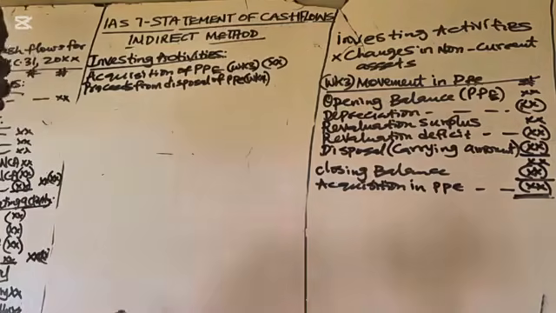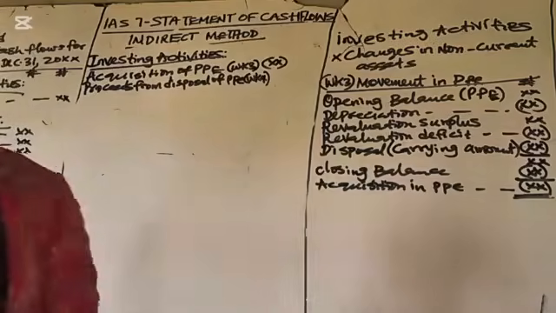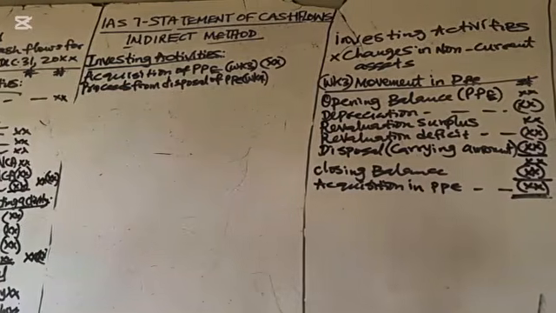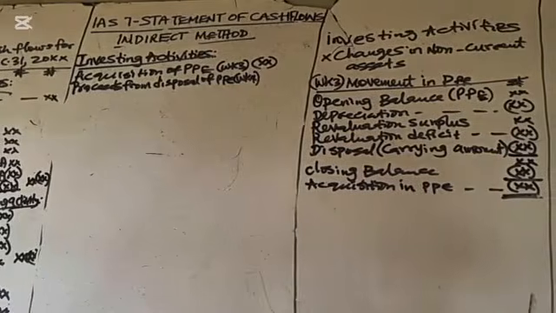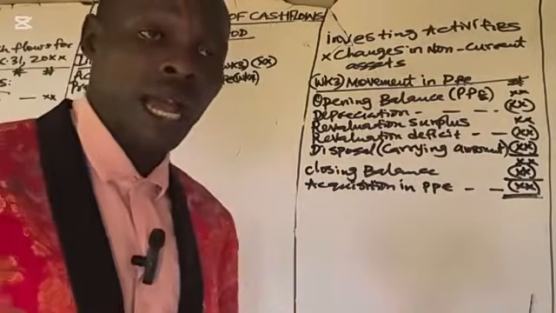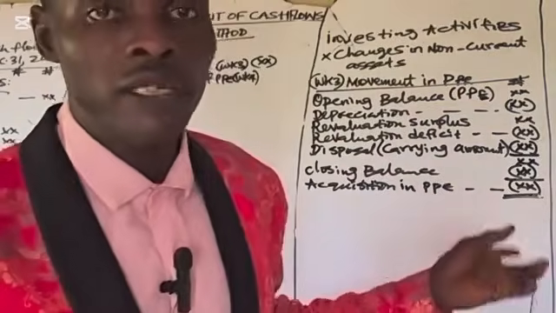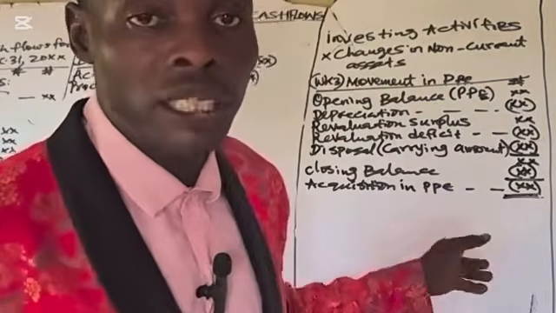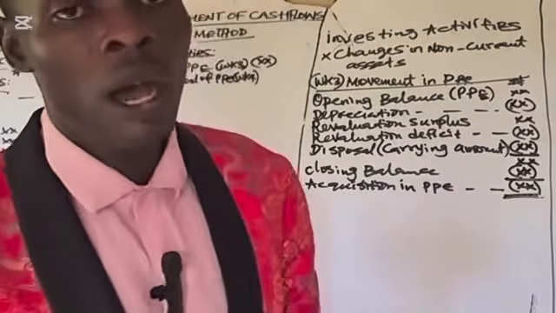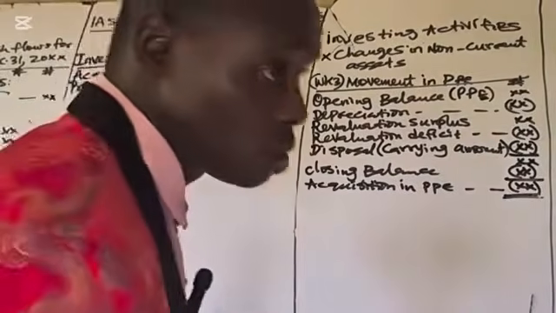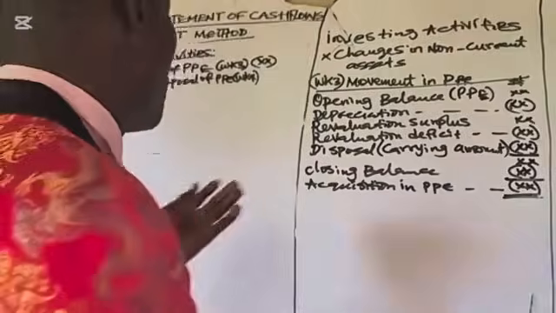In some cases, these proceeds will be given, but where it is not given and there is information provided in the question which shows that there is disposal of PPE, maybe you have the loss from disposal obtained from the statement of profit or loss or from the note, or you have profit from disposal given, then that means PPE has been disposed.